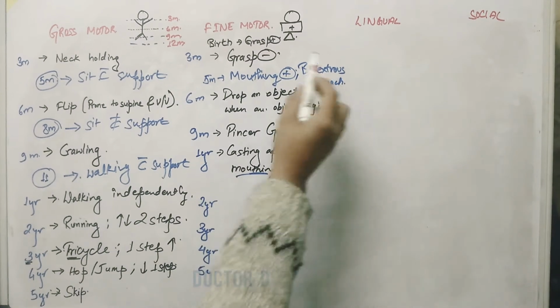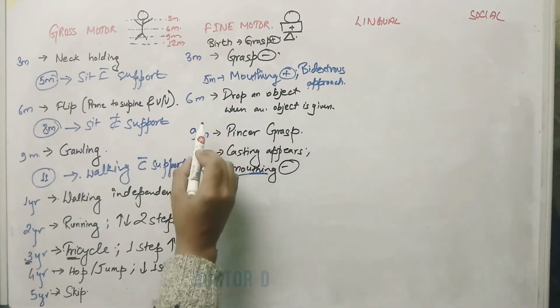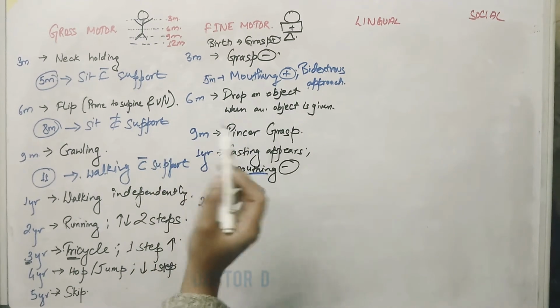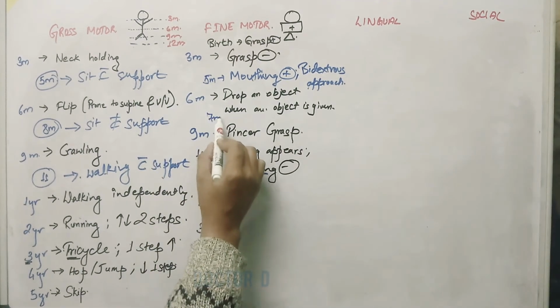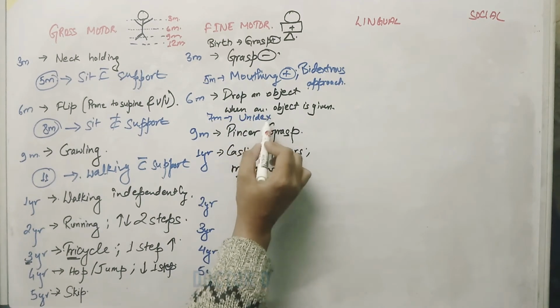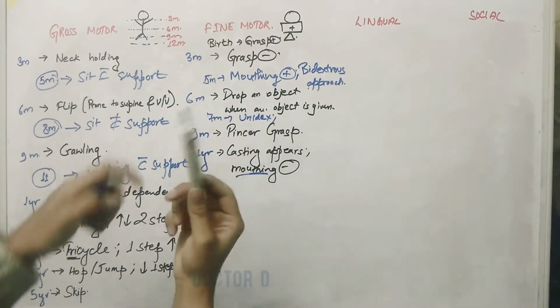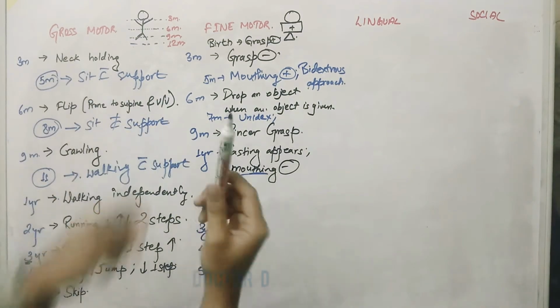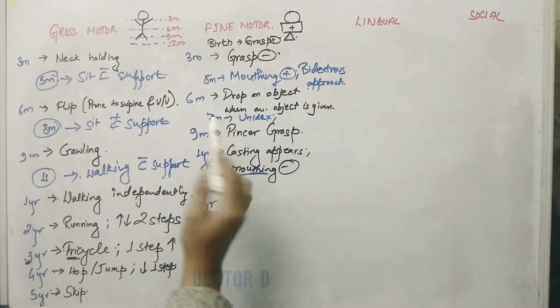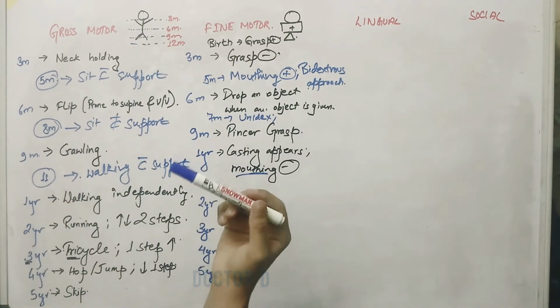Now this bidextrous approach is lost at around 7 or 8 months, depending upon the book that you study. I read it in 7 months, so it's unidextrous approach. That is, I will try to catch the marker with just one hand, and at around 7 months, another milestone appears.